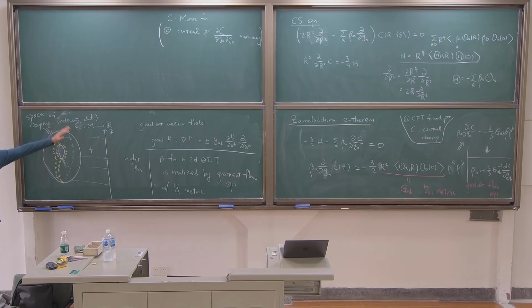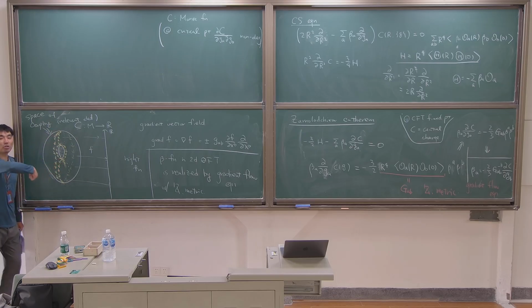It can have a very non-trivial form of manifold, not as simple as this torus. It can be a higher dimensional manifold with more complicated topology.